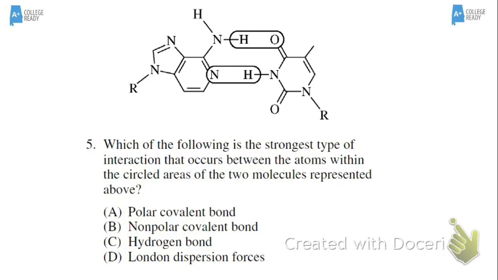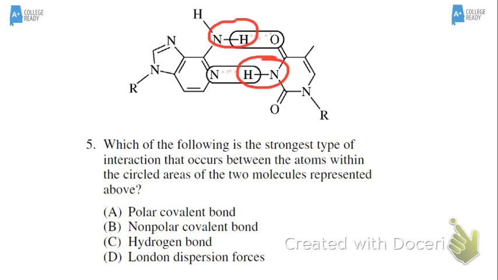All right, so looking at this molecule, I would hope that you would see that we have a hydrogen attached to a nitrogen, and that this hydrogen is interacting with another nitrogen, and this hydrogen is interacting with that oxygen, which means that it should be hydrogen bonding.